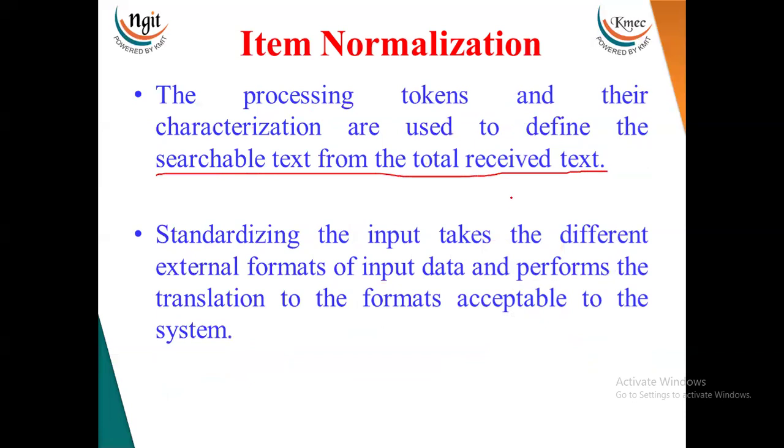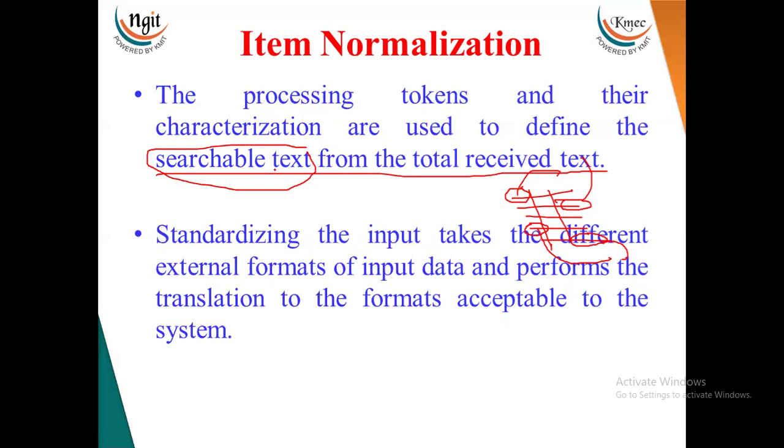Suppose you got some 20 lines of data and you have divided it into small tokens. If I feel that this token is not required, this one is not required, or these items are not relevant to your search, then the remaining will be your searchable text. So you will get the bulk of the total text, but in that you will use only the few texts which are related to your search.